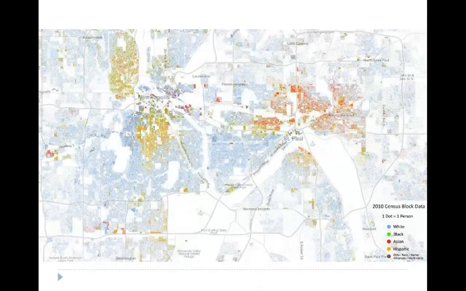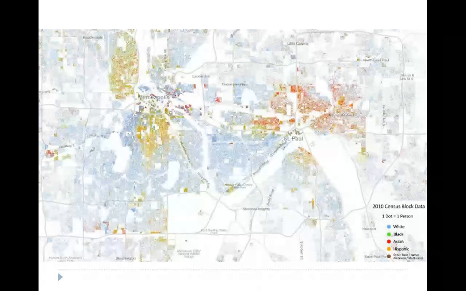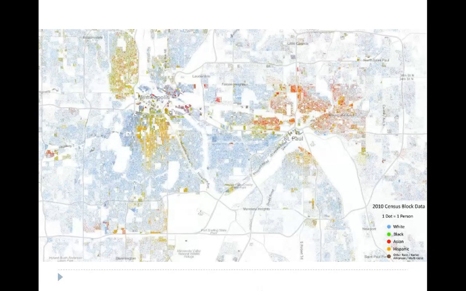Then we get into some of our other groups here, everyone actually represented in the Twin Cities. It gets kind of tough to see because these are all supposed to be dots still, but you can kind of see the white, black, Asian, Hispanic, and then they have it listed as other, just because there are other groups in there that aren't being represented individually. That's, again, 10 years old. That's from the 2010 census. We don't have the 2020 census information quite yet, but soon.